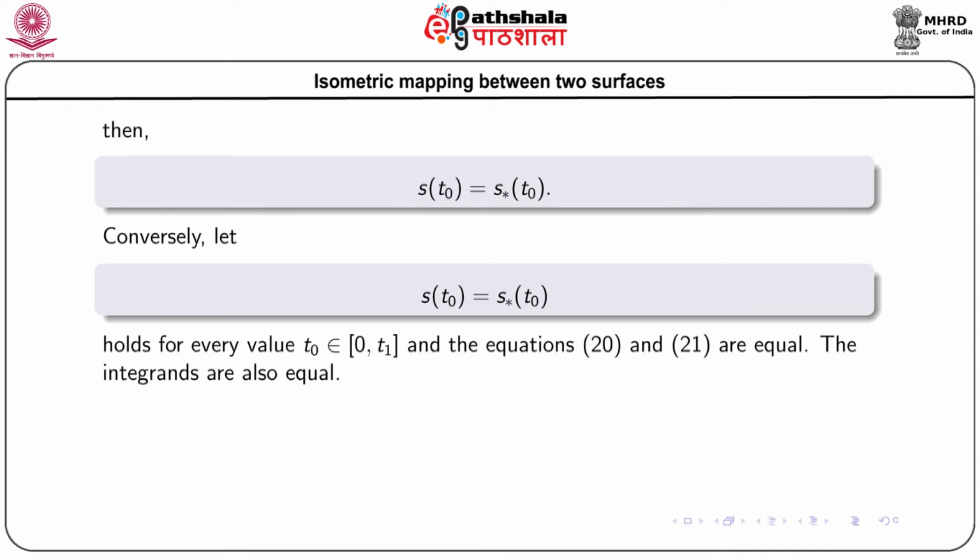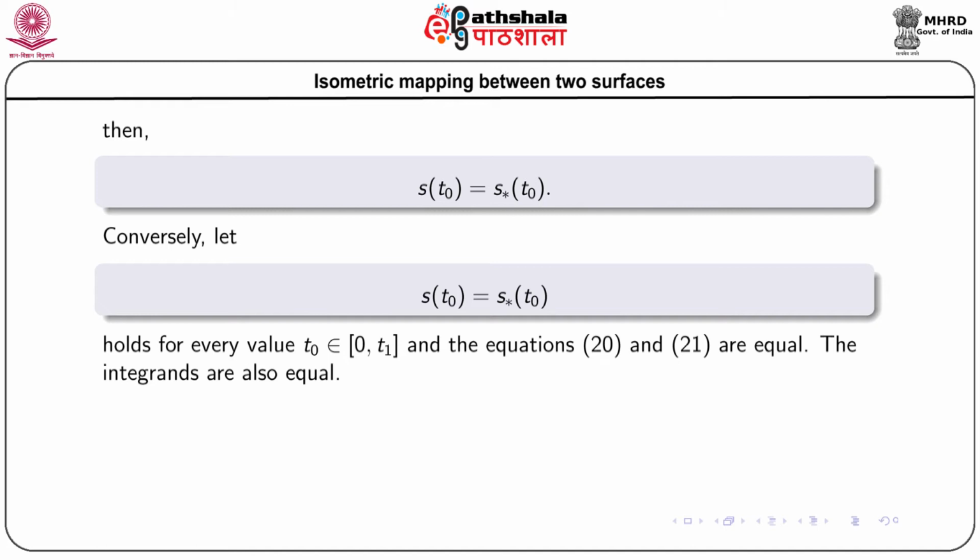Now, conversely, we assume that the arc lengths are same, S T0 equals S star T0 holds for every value T0 belonging to 0 to T1, and the equations 20 and 21 are equal. So, the previous equations are equal, then integrands will be also equal.